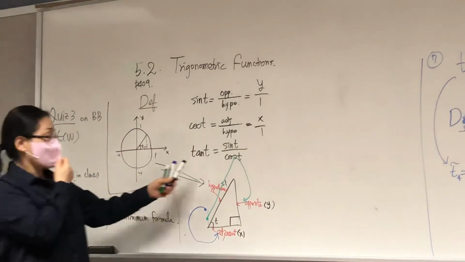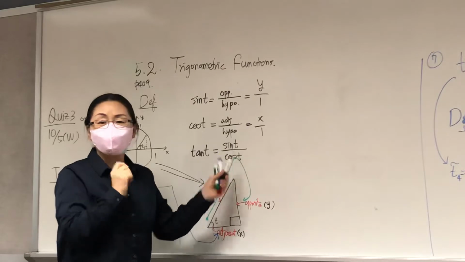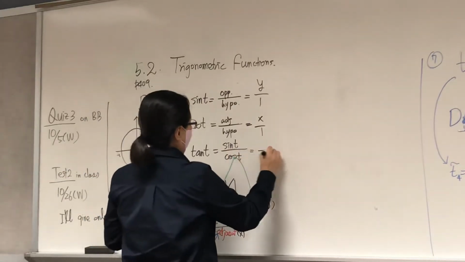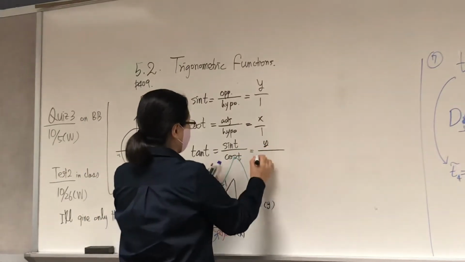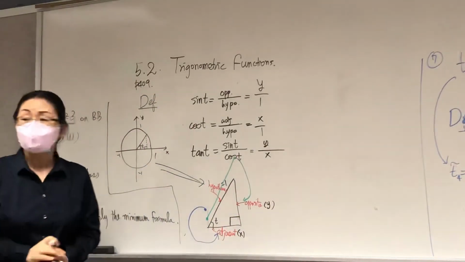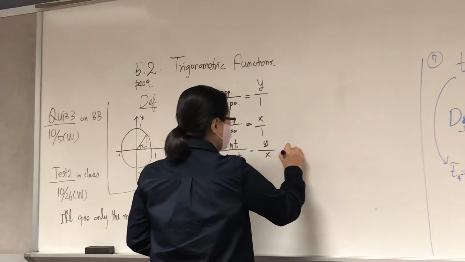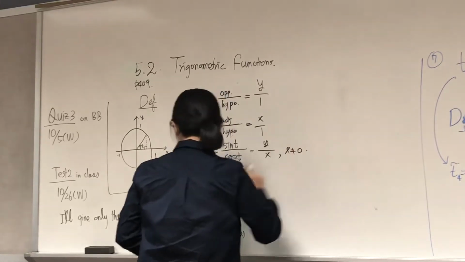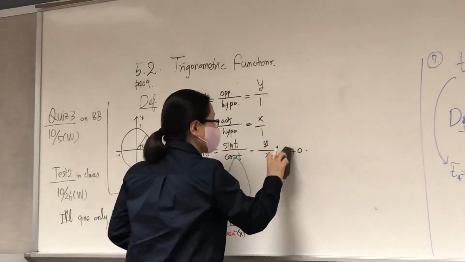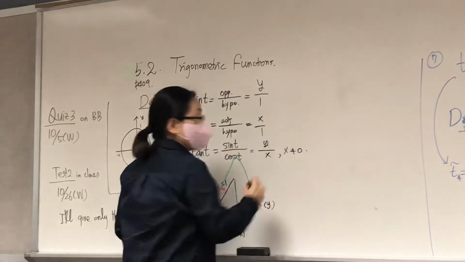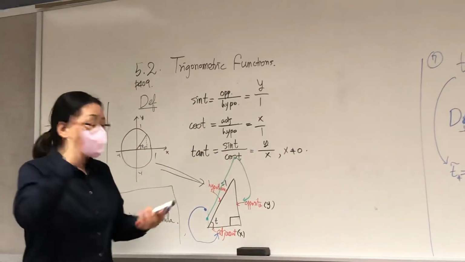So the tangent definition is sine over cosine. Sine is y, cosine is x. That's it. Of course, when x is not 0. We are not interested when it is 0. Now I want to introduce 3 more.